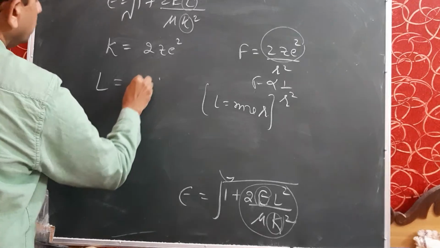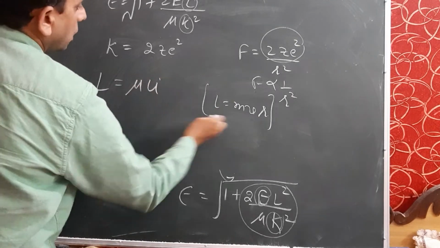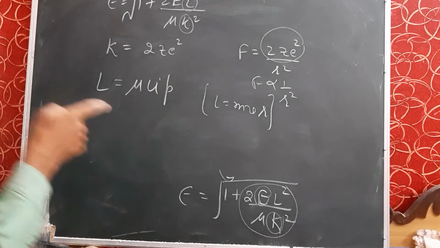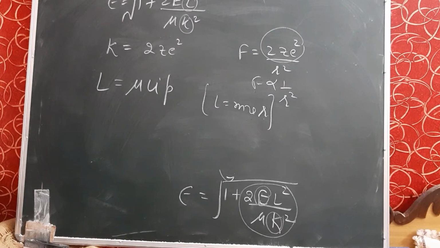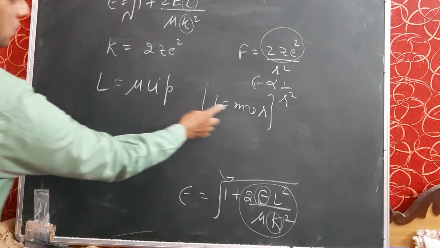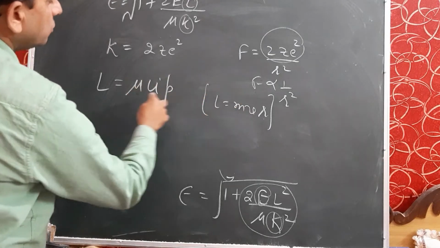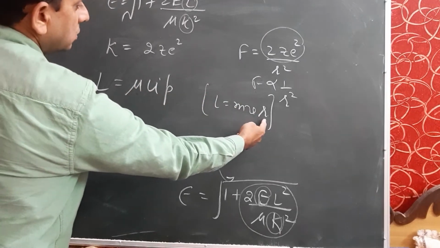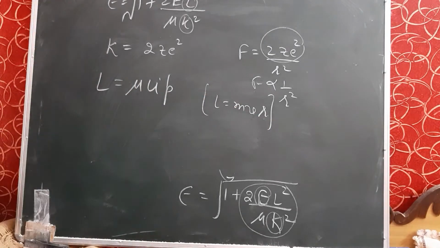Here m is mu, velocity is u, and r is p. In this article, I am using the mass as the reduced mass, the velocity as u, and r as the distance, that is the impact parameter. So L is mu u into p.